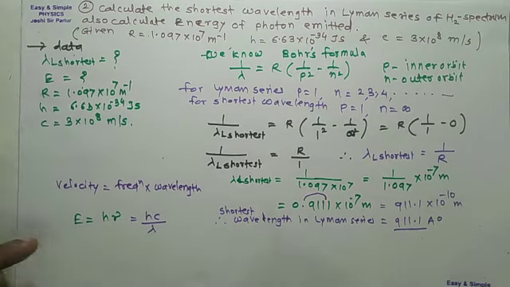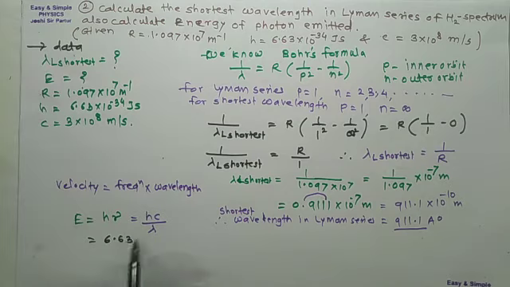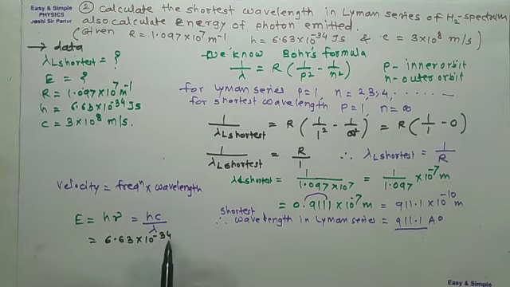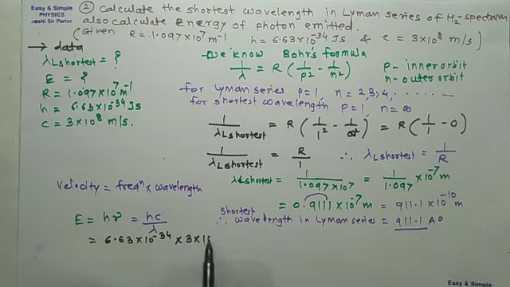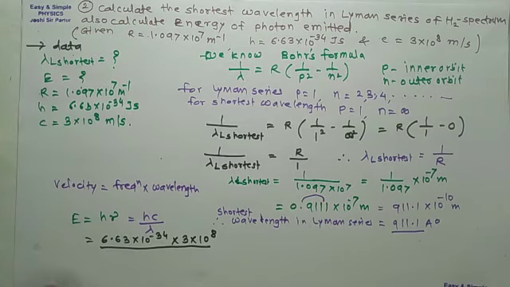Nu is the frequency, so frequency equals velocity upon wavelength. If we substitute the values, 6.63 into 10 raised to minus 34 multiplied by 3 into 10 raised to 8 divided by shortest wavelength, that is 911.1 into 10 raised to minus 10.